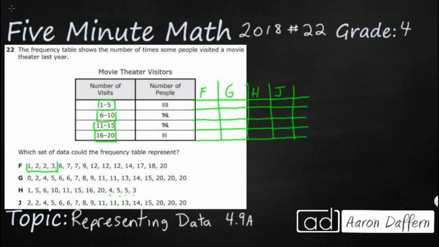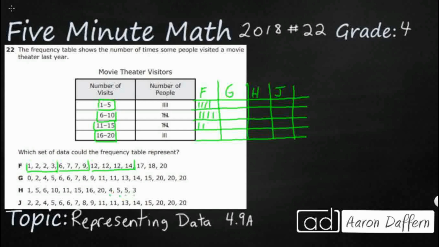So 1 to 5, I see 1, 2, 3, 4. So I'm going to put 1, 2, 3, 4. That looks good. 6 to 10, I've got 1, 2, 3, 4 again. So unless there's one at the end I missed, F is looking incorrect. It should have been 5. 11 to 15, I see 1, 2, 3, 4 again.